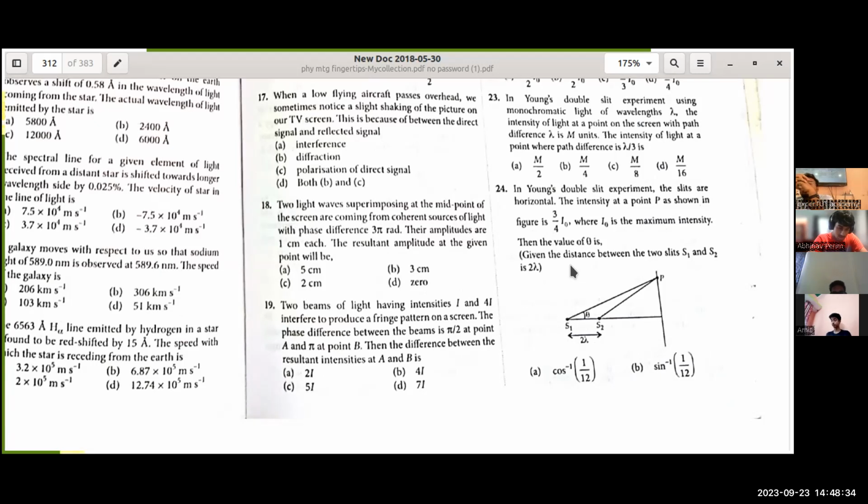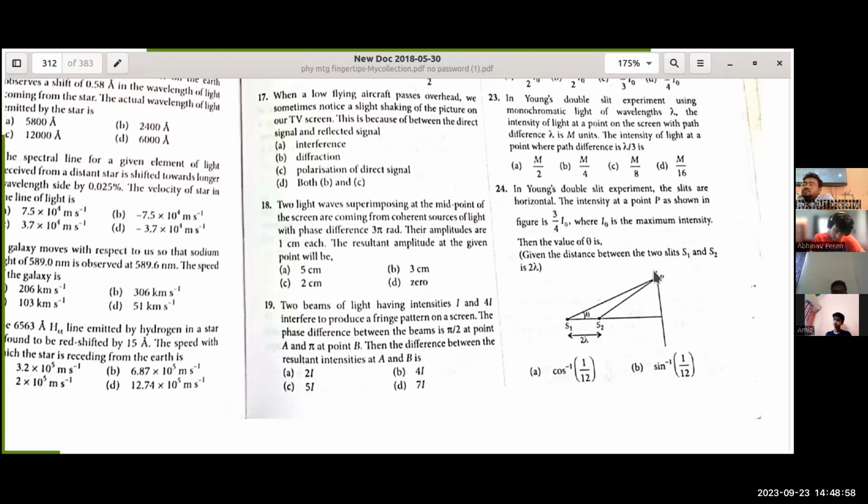So what is the maximum intensity? 4 I naught. तो मतलब उस पॉइंट पे कितना इंटेंसिटी है, 3 I है. If the sources are I and I at P the intensity is 3 I. If it is 3 I, tell me what is phi. हाँ अब पक्का.